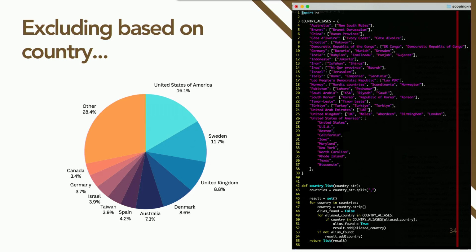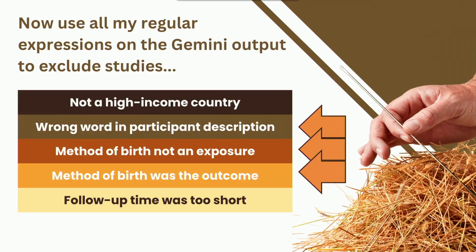Boston, vying for world domination? After some corrections and a virtual trip around the globe, I managed to use this to filter out almost 11,000 papers. Brilliant. I could also use regular expressions on the one-sentence description of the participants and get rid of obviously irrelevant cohorts like anaesthetists or healthcare workers.